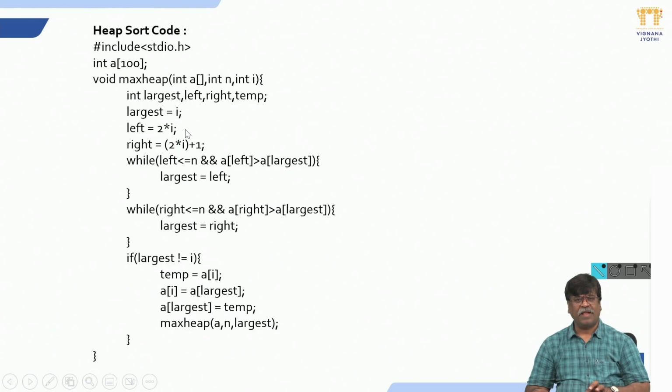Now I am taking the left child of I and the right child of I, and I am comparing the values of left and right and identifying which one is greater. After identifying the largest element among the left and right child, that can be copied into the root place. So this is how exactly the max heap will be maintained.